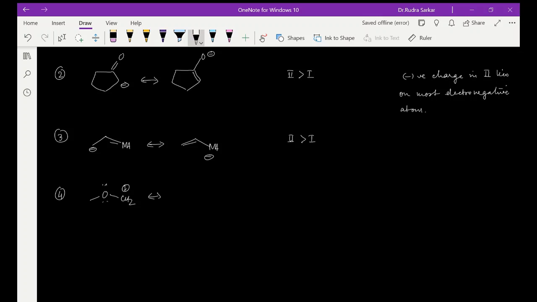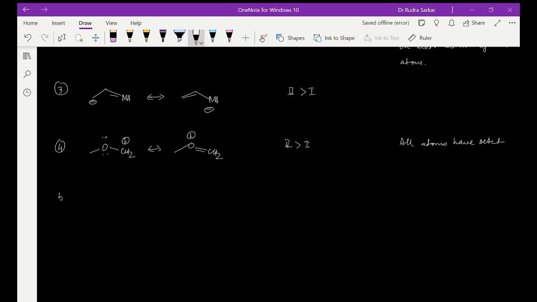In this case, two is more stable than 1 because all atoms have octet.